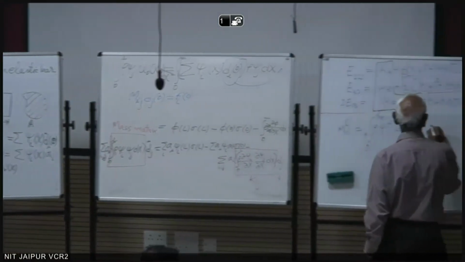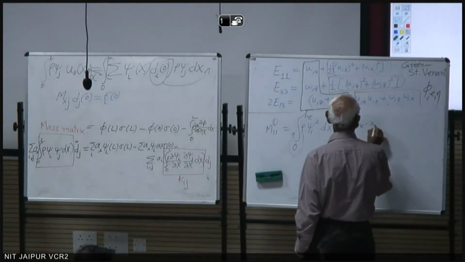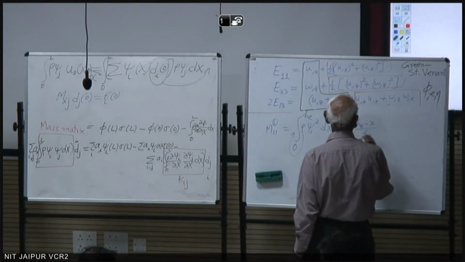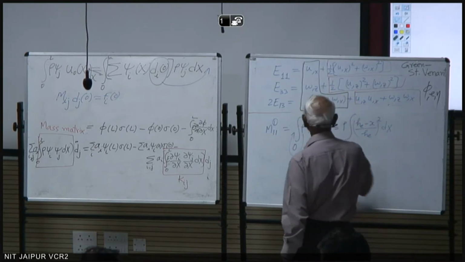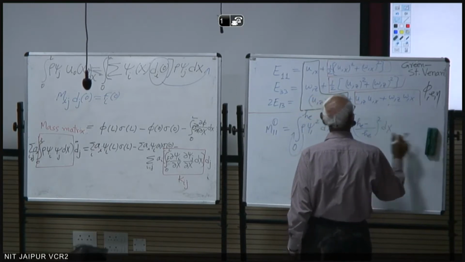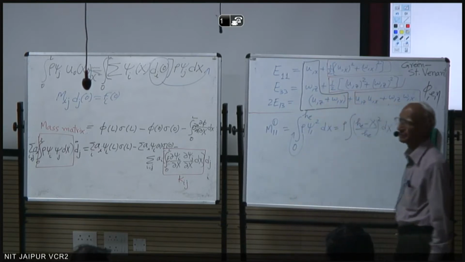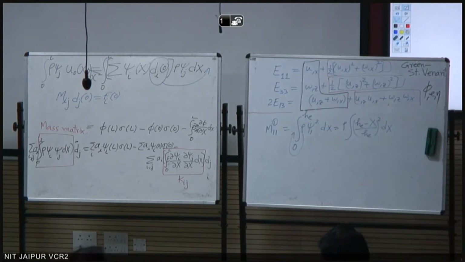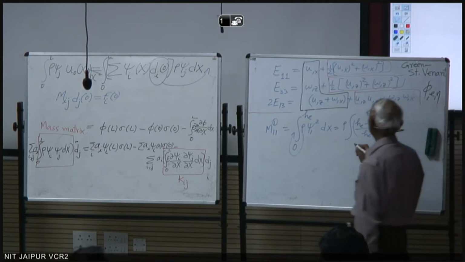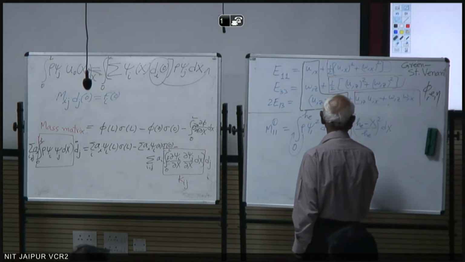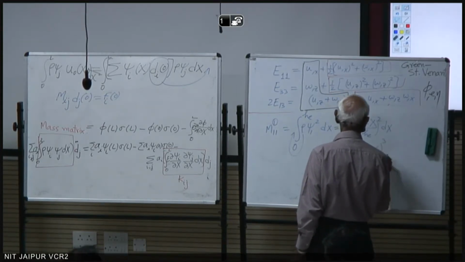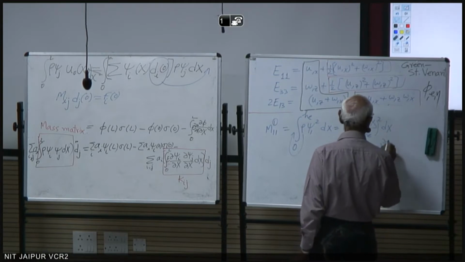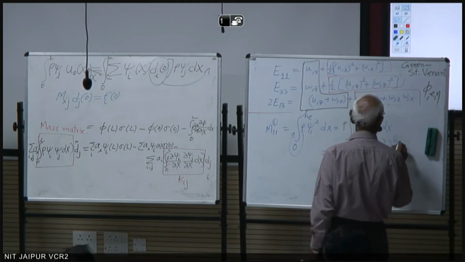So we need to square it. It's HE minus x over HE square dx. If you integrate it, you get rho over HE square, HE minus X cube over 3 times minus 1, from 0 to HE.